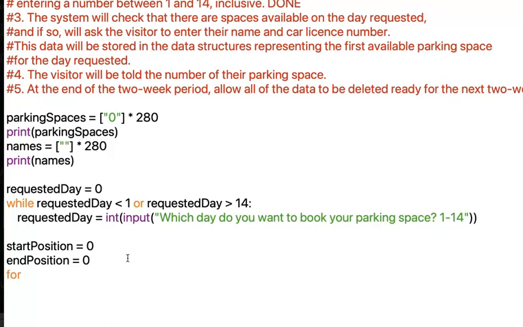But before that, we're going to look at what part of the array we're going to search. Our start position here is going to be the requested day that they've chosen. Now I have to do -1, and the reason for that is because we've got a 0 indexed array.